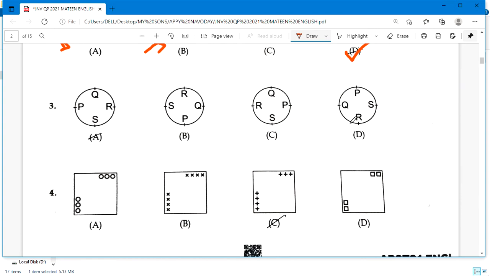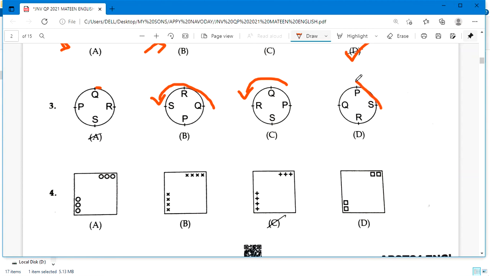In these 4 circles, they are keeping 4 English alphabet letters, P, Q, R, S. Just see how these letters are moving, whether clockwise or anti-clockwise. Just look, in this figure Q is here and in this figure Q is here, and by observing all the 4 figures, we conclude that the Q is moving anti-clockwise 90 degrees and then came to this side.